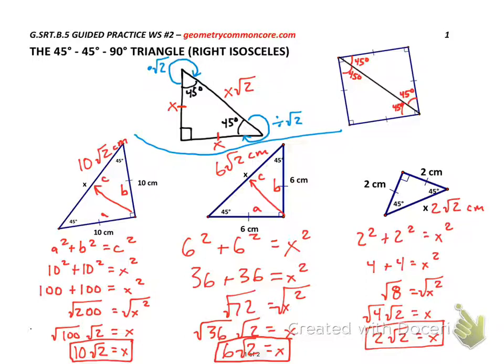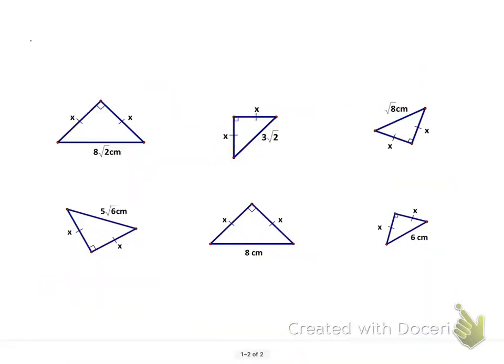All right, we've got some 45, 45, 90 rules, and let's apply them down to here. Now, before we do any problems, I want you to look at these and tell me what you notice about all 6 of these problems at the bottom of the page. We're missing side lengths. We have the hypotenuse, we don't have the side length.